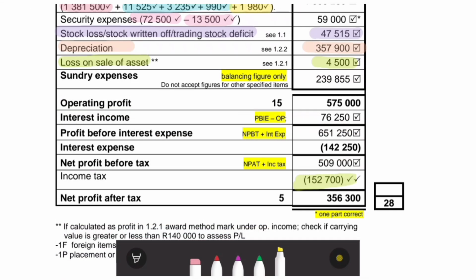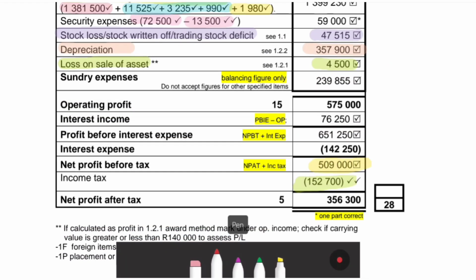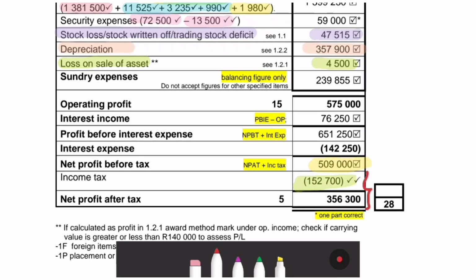We can work out what the net profit before tax is. Net profit, you add tax, you will get the net profit before tax. We are reversing what we would have done to arrive at the net profit. Add back your interest expense. So 509,000 plus 15,250 will take you to what you would have had before you got there.